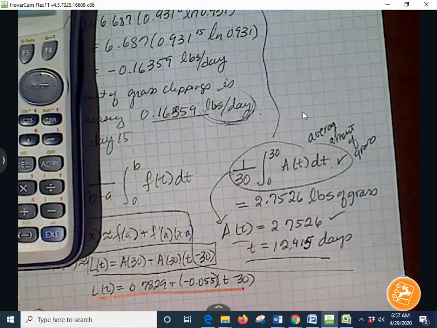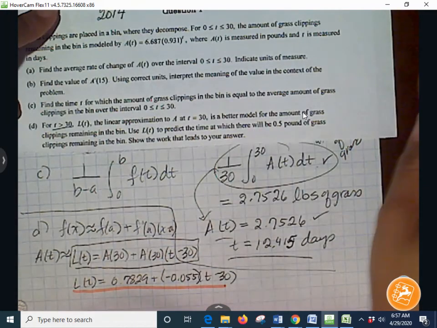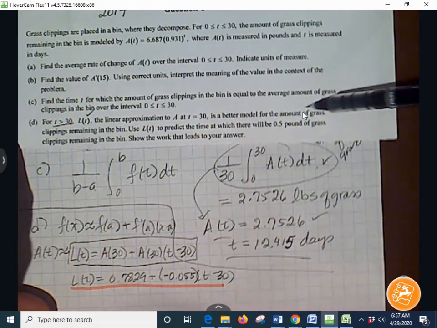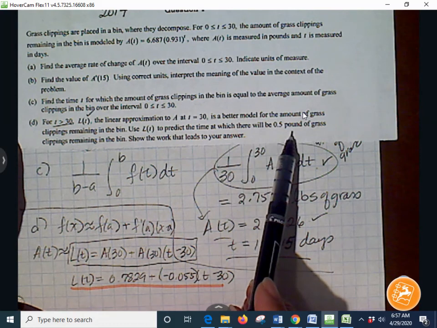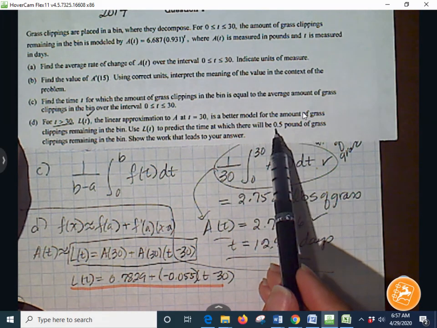That's my formula. Okay, now I forgot the question. So hold on one second. All right, so I figured out my linear approximation is a better model for this. Use this to predict the time at which there will be half a pound of grass. So I want to predict when this is going to happen.